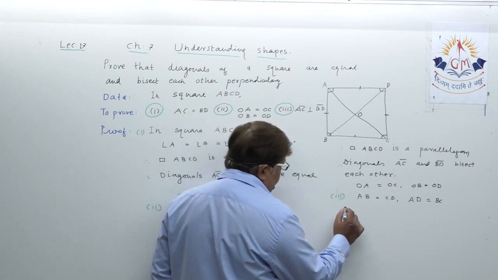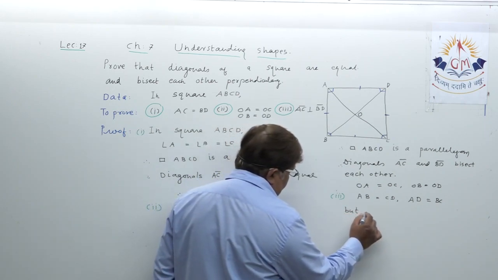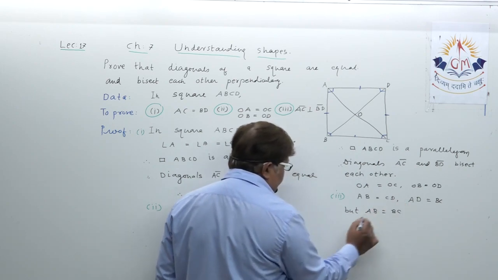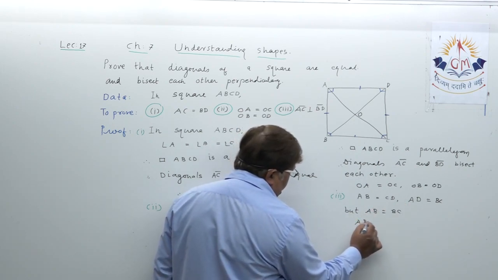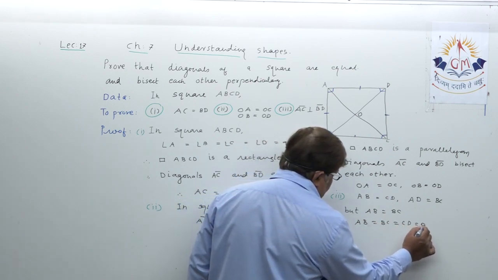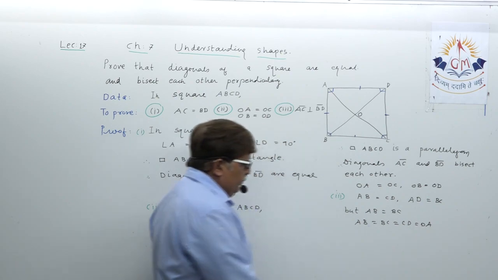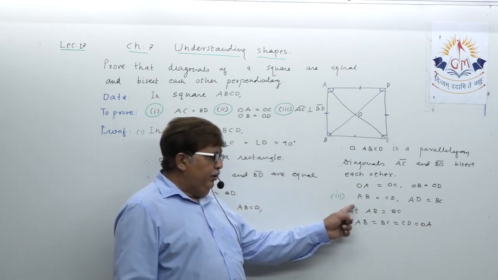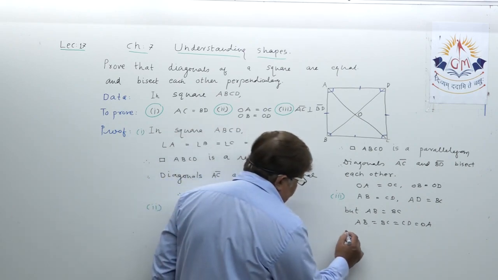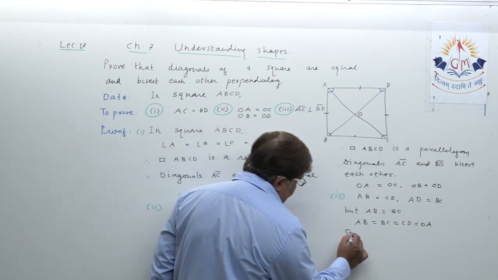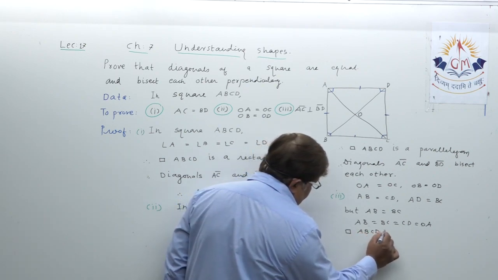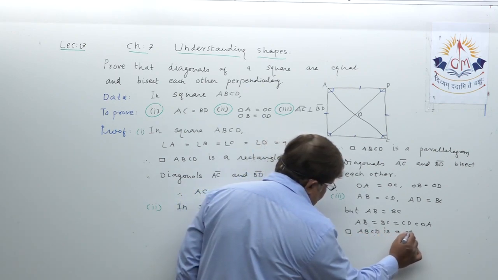So if you mention AB equal to BC, this implies that all sides are equal. Now when you say that in a parallelogram all sides are equal, it becomes a rhombus. Therefore, now quadrilateral ABCD is a rhombus.